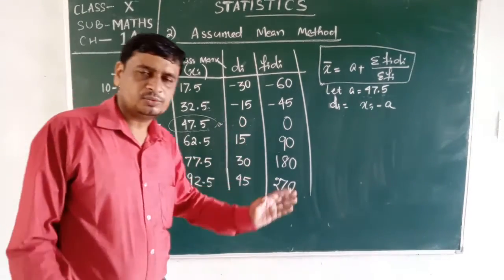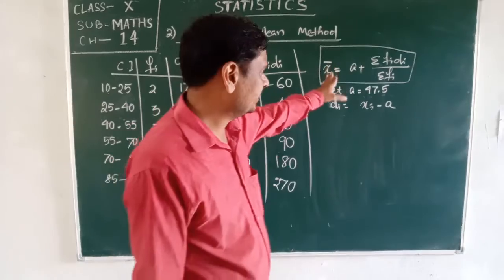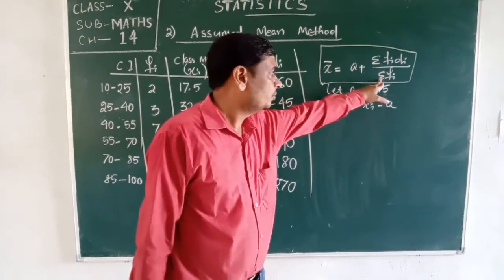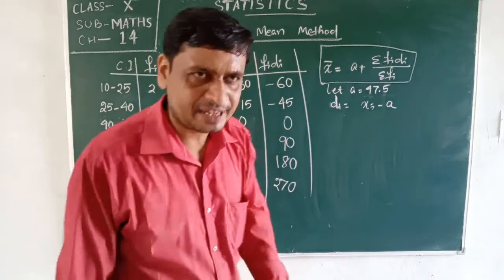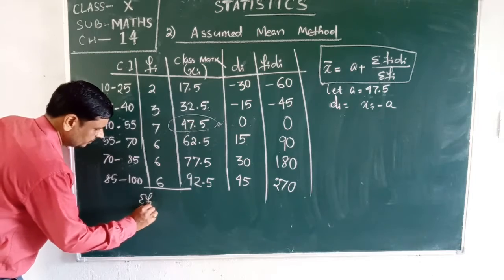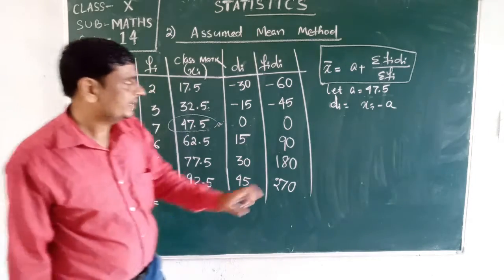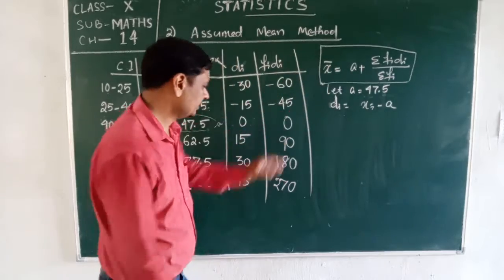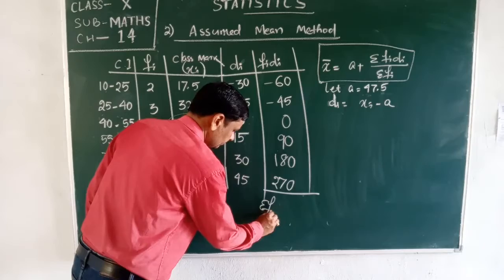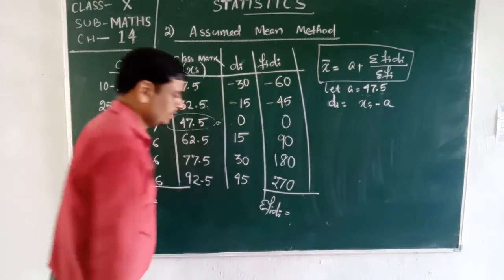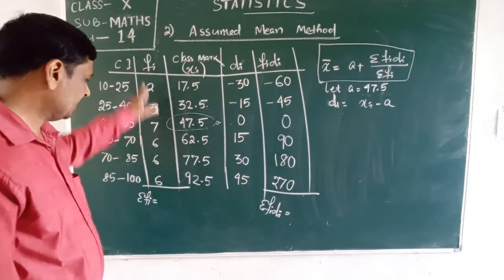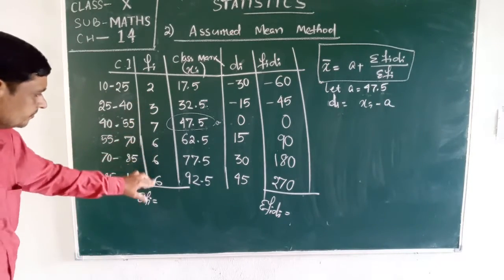Now it is completed. What is required is to find the sum of FiDi and the sum of Fi. We can find the sum of the Fi column, and the sum of FiDi can be calculated at the bottom of this column FiDi. If we add all the elements of this column Fi, we will get 30.